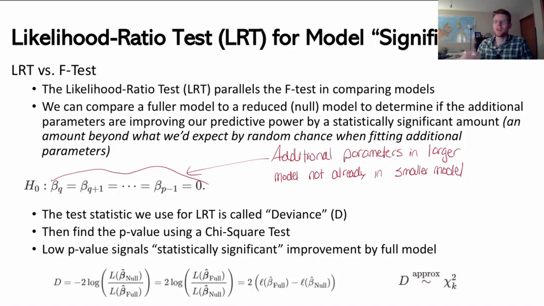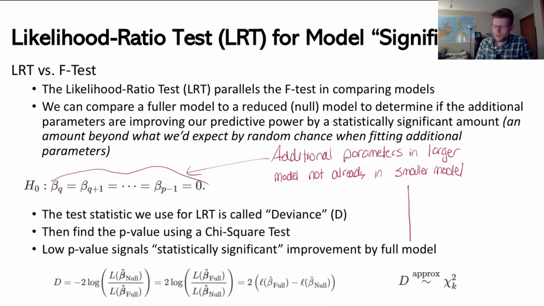We're going to get a value that's higher than we would expect by random chance. So what we do is compare our deviance statistic to the chi-square distribution to see how reasonable it is. How often would we observe a value as far or farther than we did by random chance if the null were true?